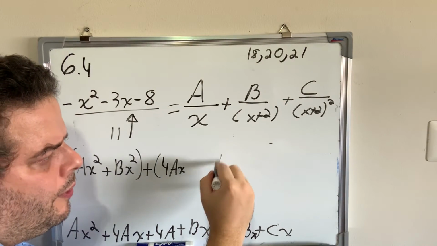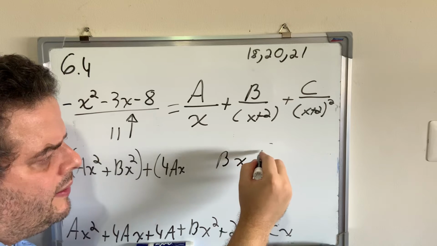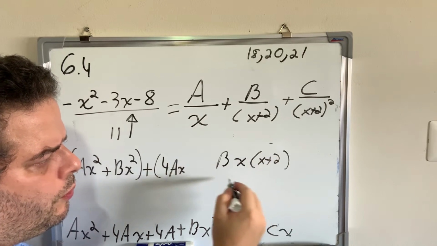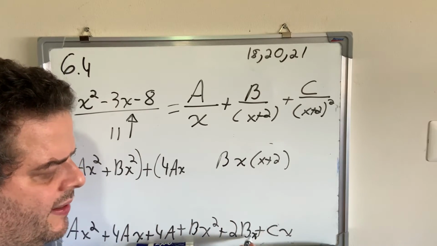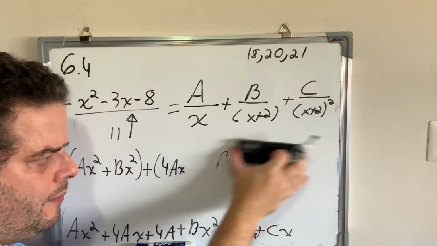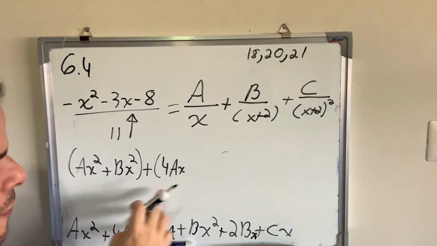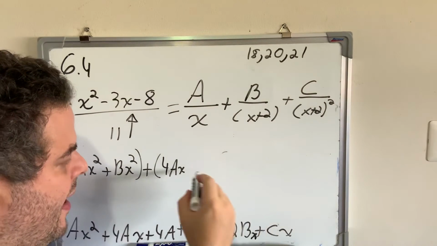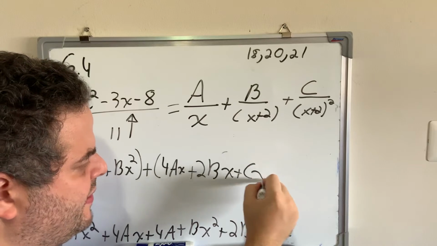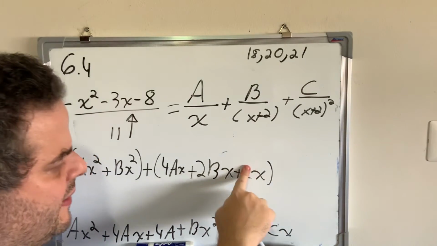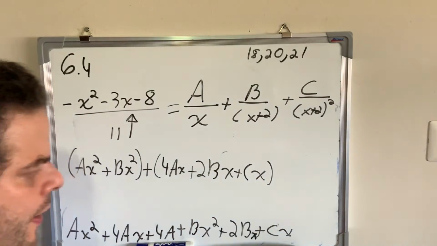Here, I ended up with bx times x plus 2. When you distribute, I have bx squared, which is here, and then 2bx. I forgot the x down here. So I fixed it. Now I have 4ax. I also have a 2bx, and I have also a cx. All my x's are together there.